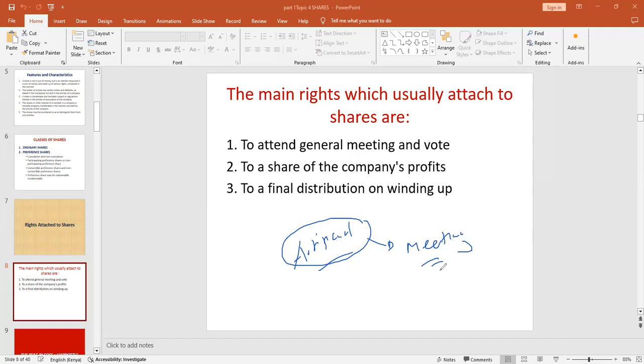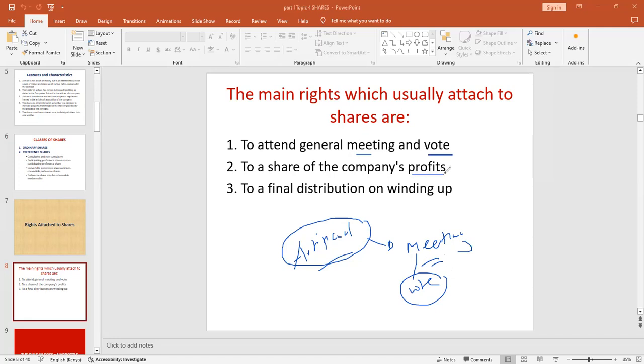And from that meeting, how do we arrive at a decision? Well, we vote. If you can't attend a meeting, and you also can't vote, then that becomes problematic. That's the reason why you need both rights. You need to have a right to attend a meeting, and you also need a right not only to attend that meeting, but to also vote in that meeting. So that's a right you get from shares.